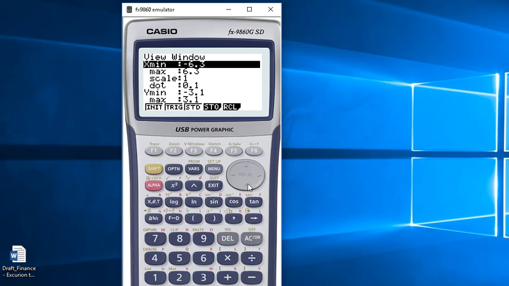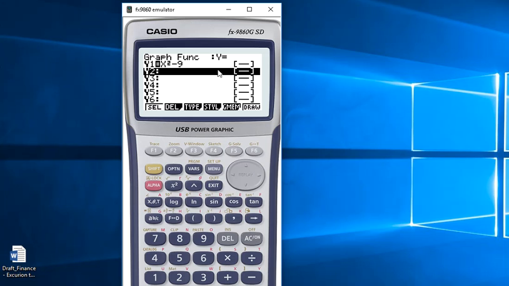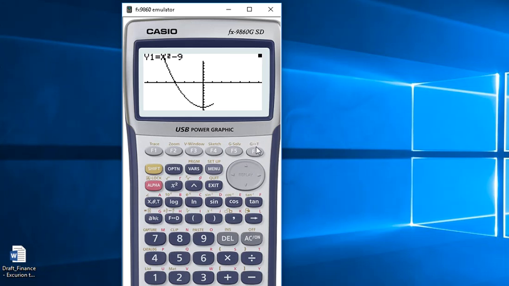Let's leave it there. Maximum 6.3, scale of 1, all fine. I'm just navigating past them. But the y minimum, we want to be negative 10 because it wasn't showing on our screen. And the maximum, let's make it positive 10. All right, so execute. Now let's redraw it, and it's showing.